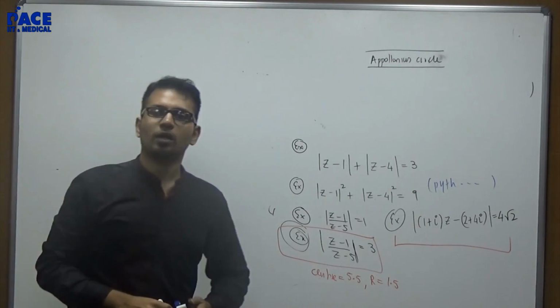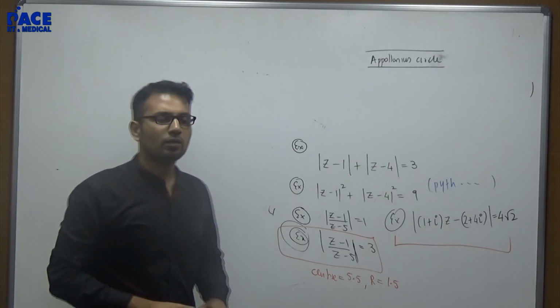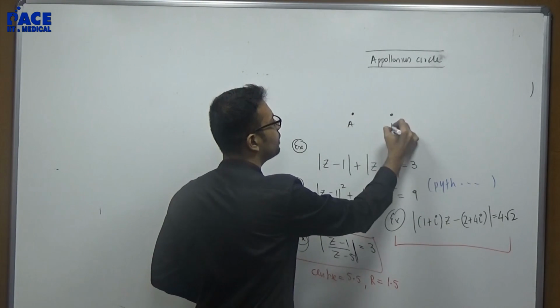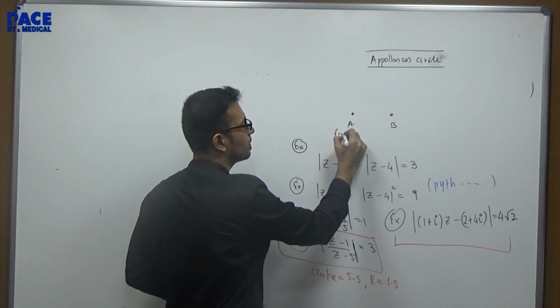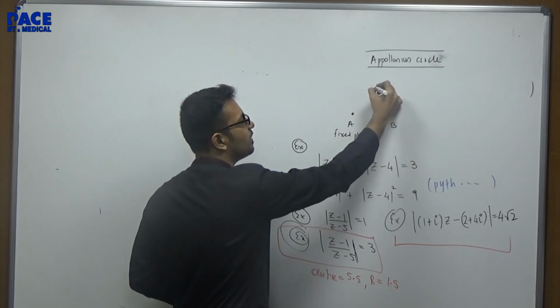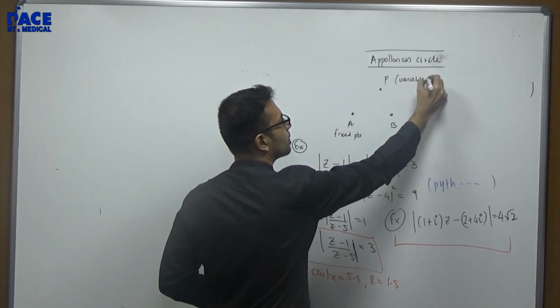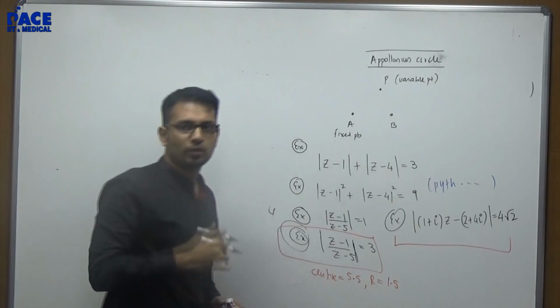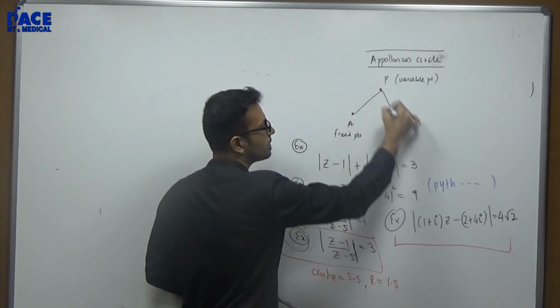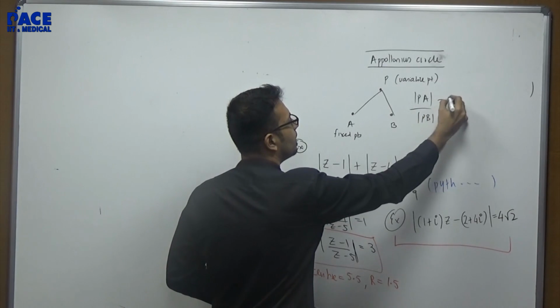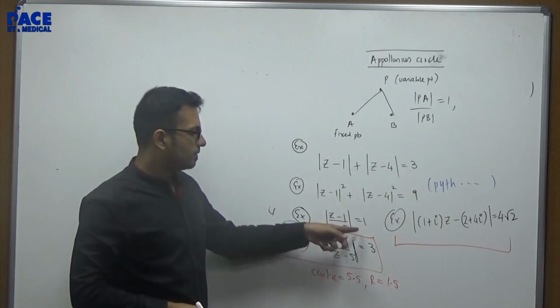So I just want to talk about the Apollonius circle. Now, देखो, if I have two fixed points and if I have a variable point. Now, suppose if the ratio of the distances, distance PA upon distance PB is 1, then it's like this question.